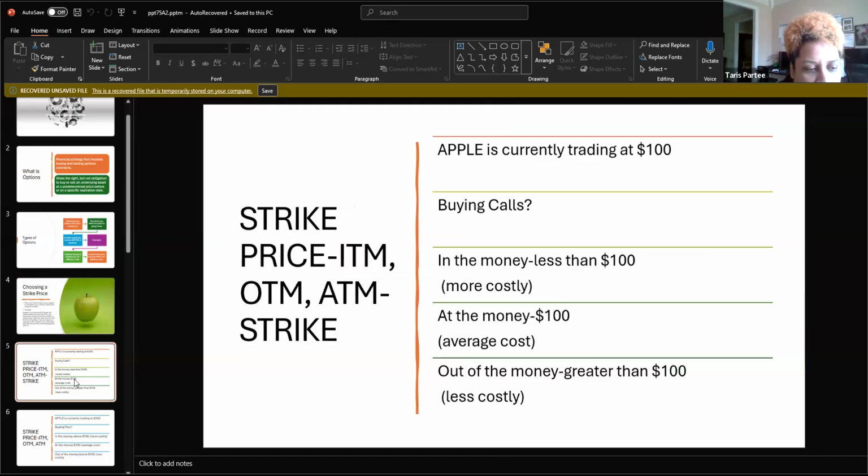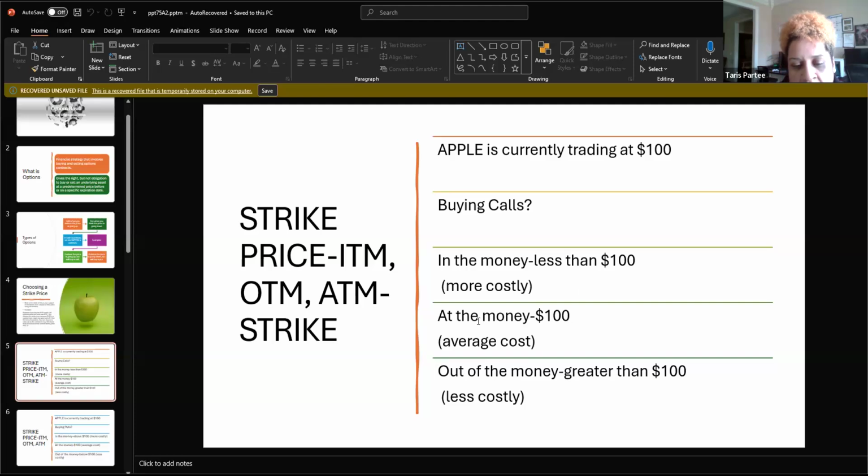Okay. All right, let's talk about in the money, out of the money, and at the money. That's what ITM, OTM, ATM stands for. All right, Apple is currently trading at $100. So we're buying calls, right? So in the money is going to be less than $100, because you're trading below where the price is currently trading.